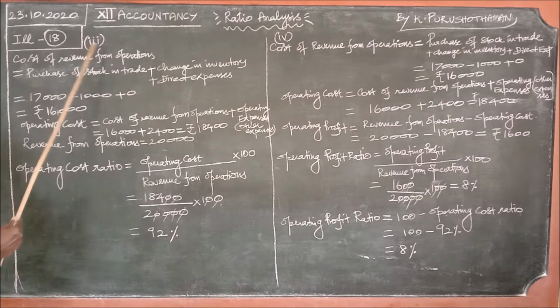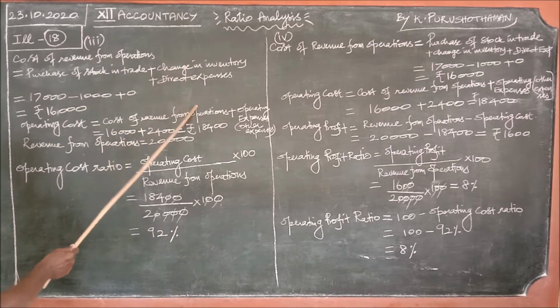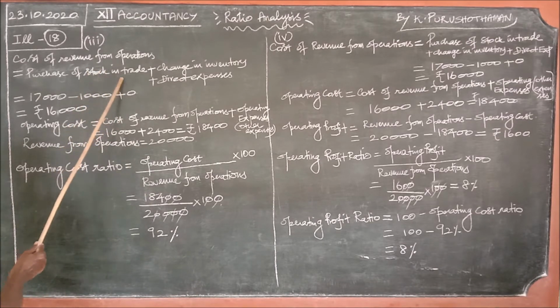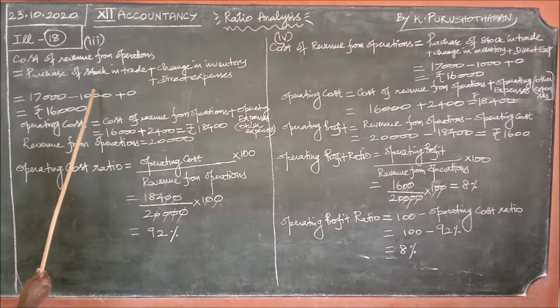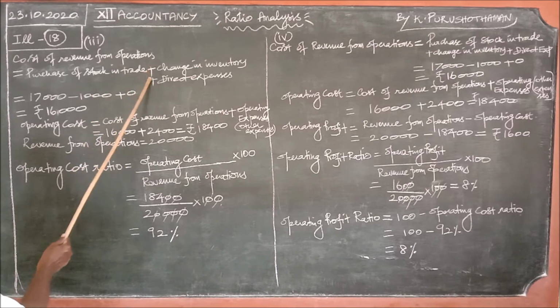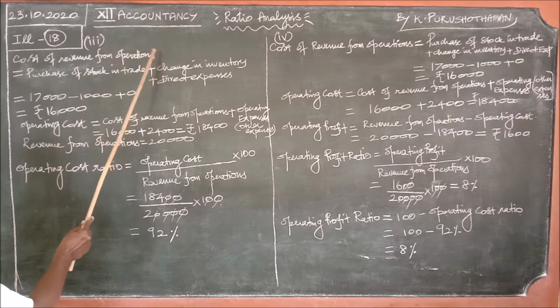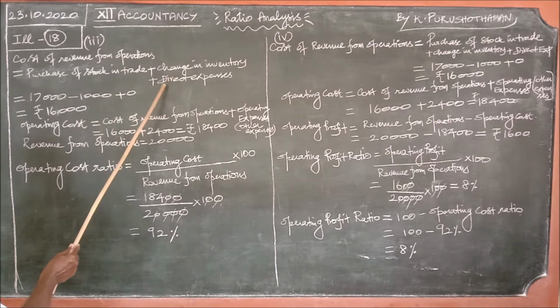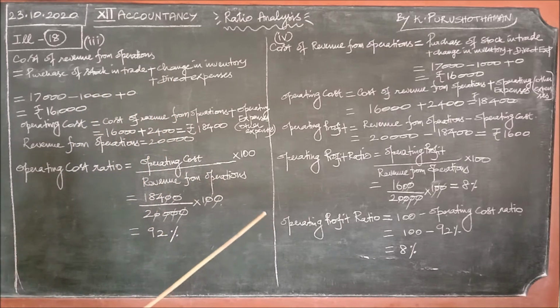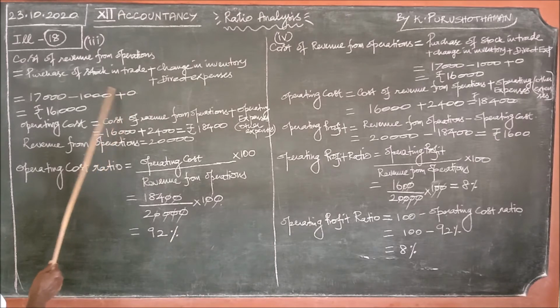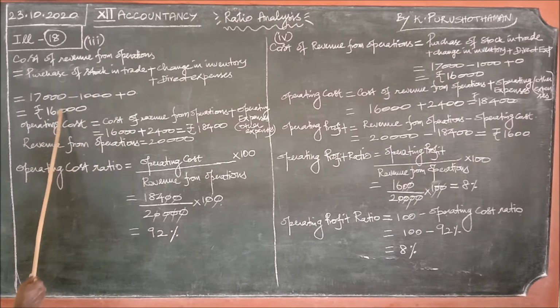It consists of these three terms: purchase of stock in trade, change in inventory, and direct expenses. Purchase of stock in trade is given, change in inventory is also given, minus 1,000, therefore minus. If it is a plus value, we put plus. No direct expenses like wages, carriage inwards; these are all direct expenses. Nothing is given in this problem, therefore it is 0. So 17,000 minus 1,000, 16,000.